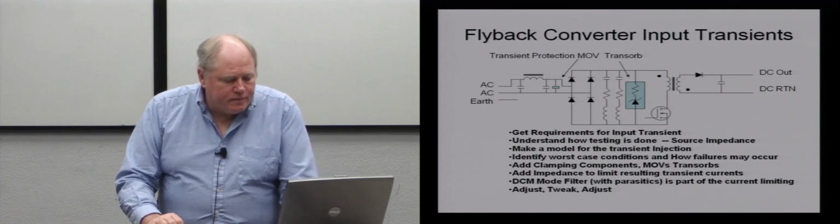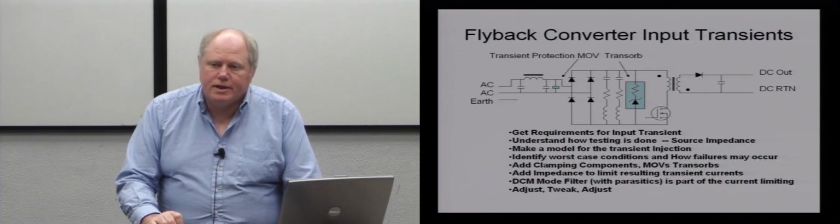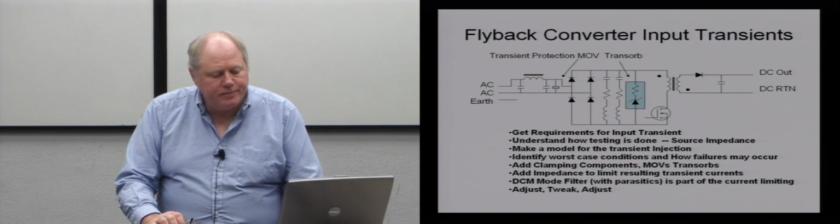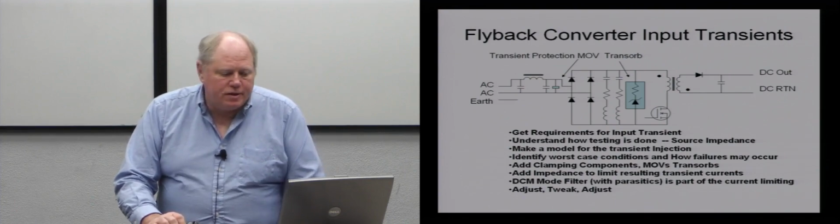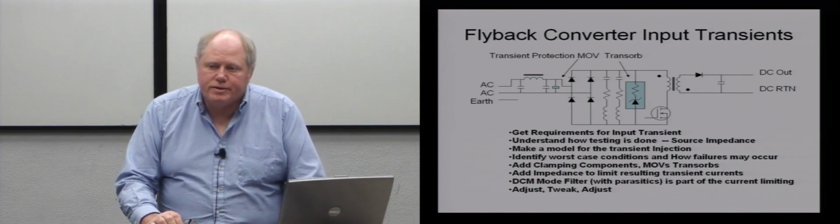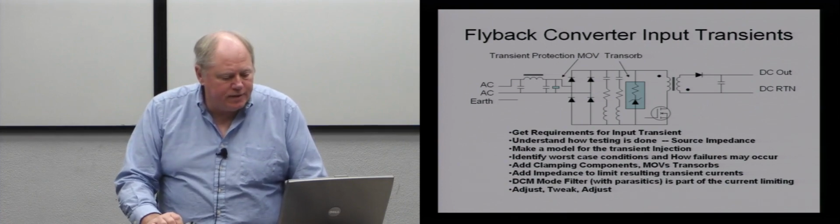So that differential mode filter, you've designed it, its first job is to stop the switching noise from going out. Its second job now is to provide some impedance that separates the source of this transient from your sensitive circuit. Your FET inside might only take 300 volts and your transient might be 3,000 volts. And so you need to add some components that will stop that transient from producing a voltage that's high enough to cause your FET to fail.